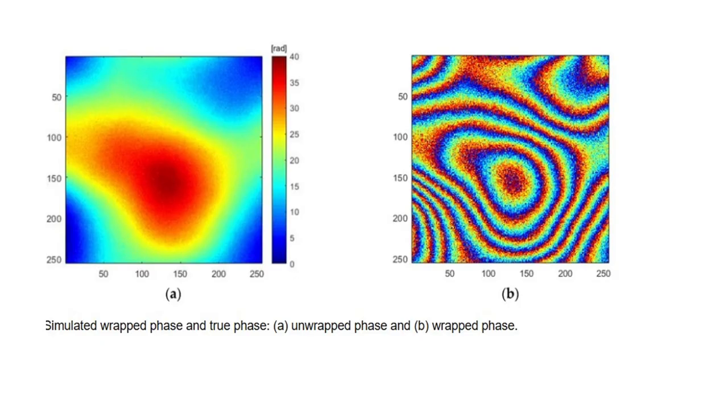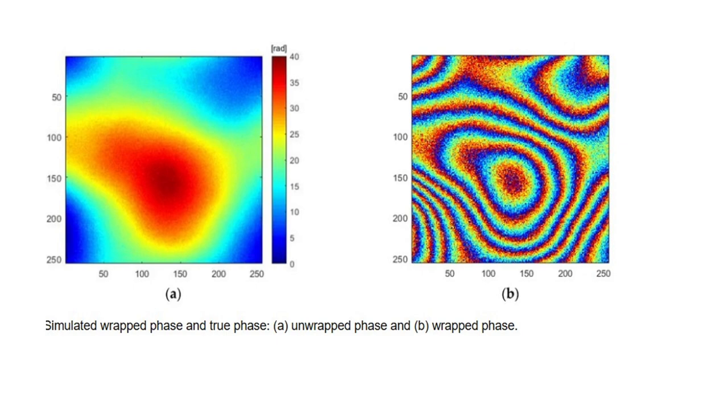In this figure, B is the wrapped phase, which shows a lot of repeating color patterns, and figure A is the unwrapped phase. Now, these repeating color patterns in figure B make it difficult to know the total amount of ground movement. So, to solve this problem, scientists perform a process called phase unwrapping.